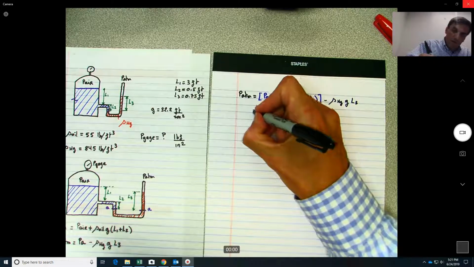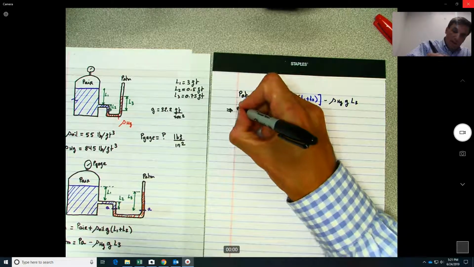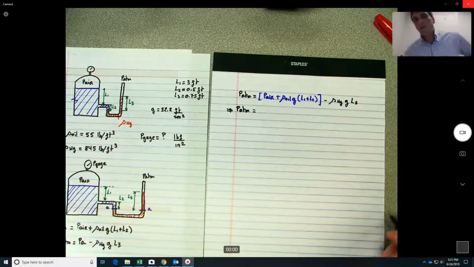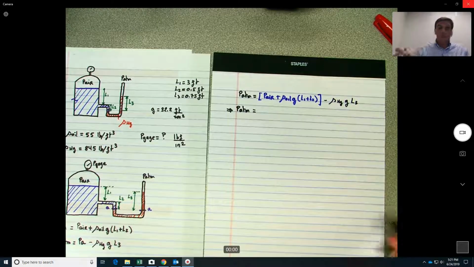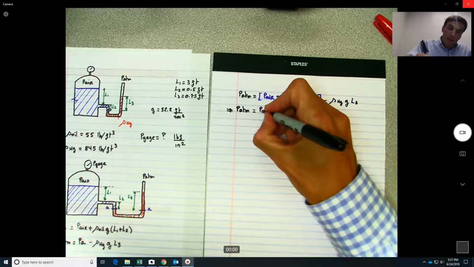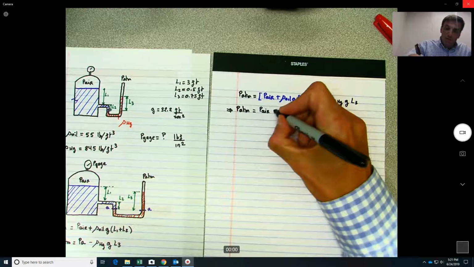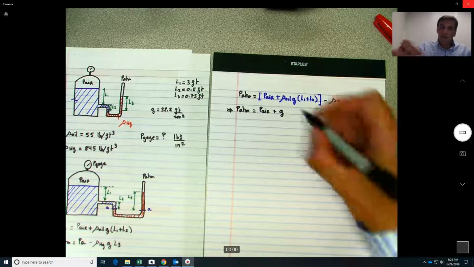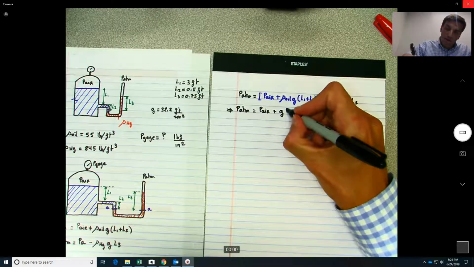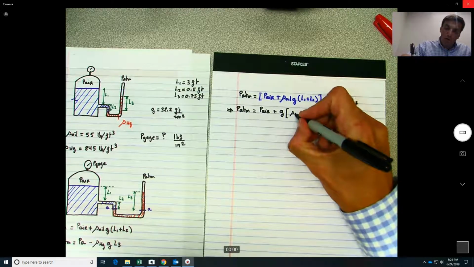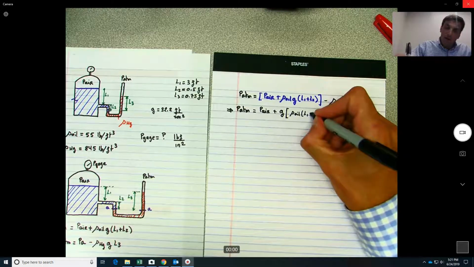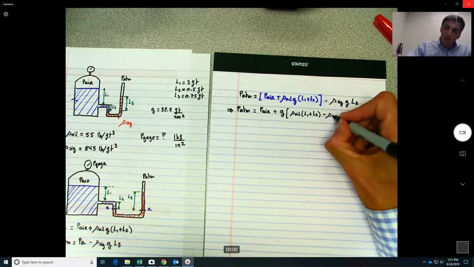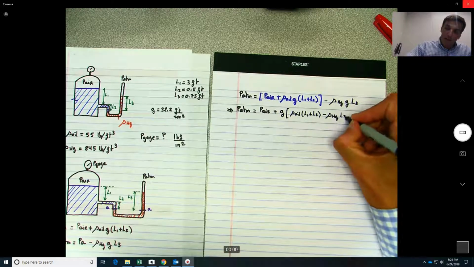Okay, so this will give us what? P atmosphere equals P air plus G times the factor of rho oil (L1 plus L2) minus rho mercury times L3.